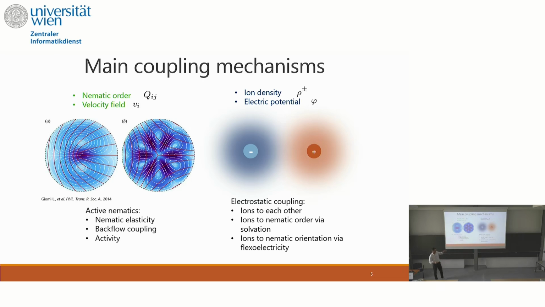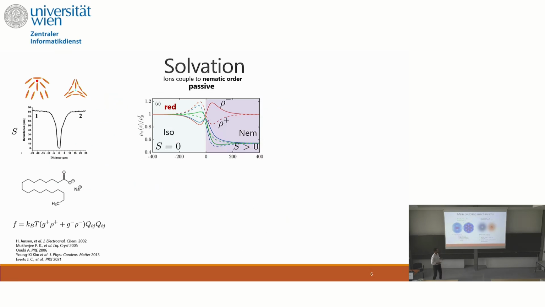So let's look at these two couplings a bit more. I hope this will not be too similar to Jeffrey's. So solvation, and let's focus first on the passive case. I will go a bit faster here. So basically, in the vicinity of a topological defect, we have a border between isotropic liquid and the nematic liquid because of this melting in the defect core.